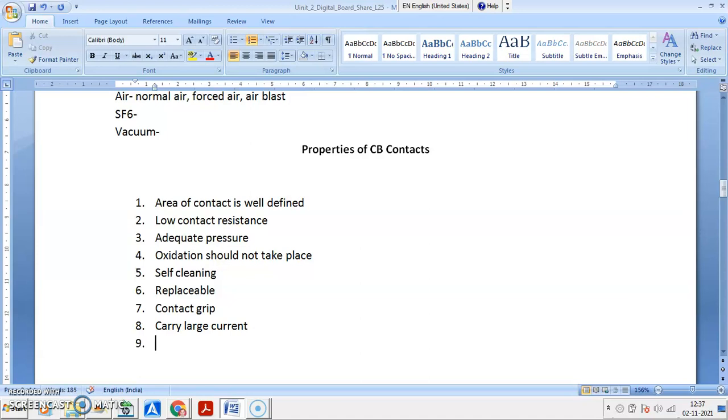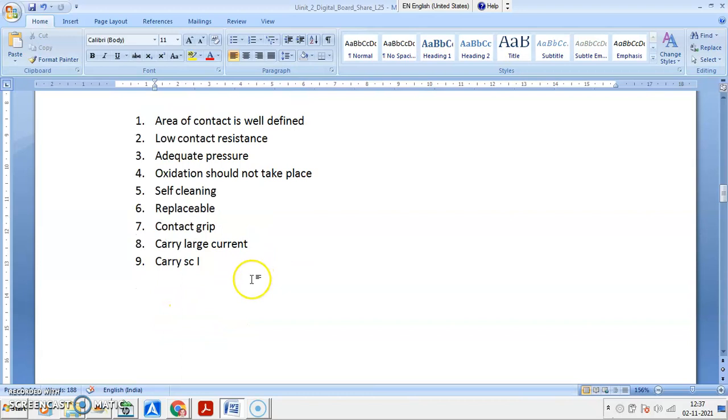Then your contact material must carry short circuit current without erosion, without deterioration. So these are the requirements as far as the contacts are concerned, the properties of contact material.